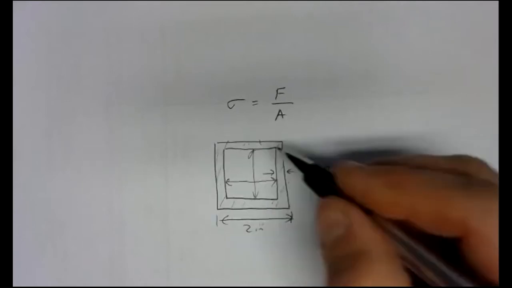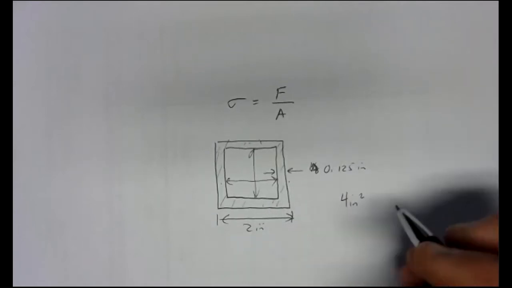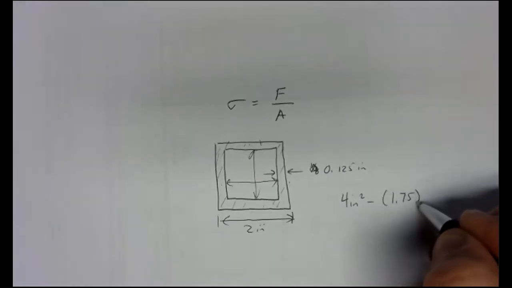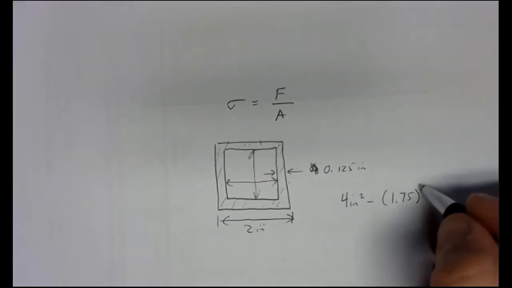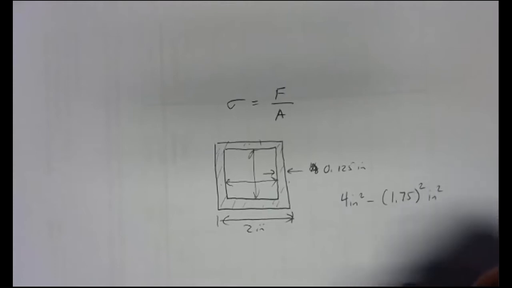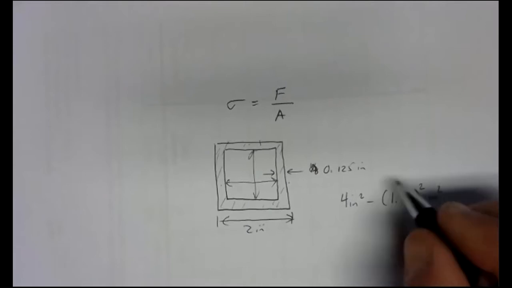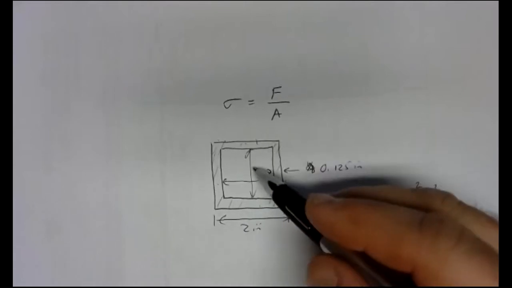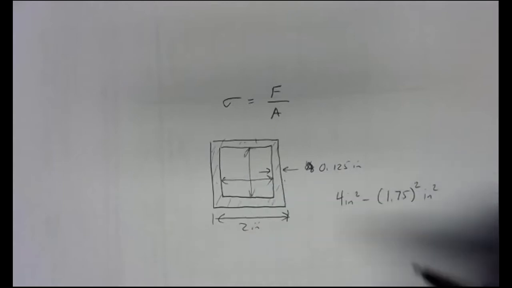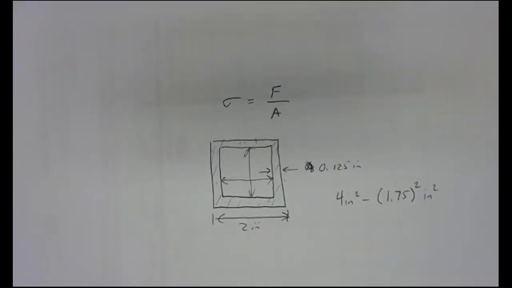It'll be square, so it's the same dimension there. So you'd be subtracting off 1 3/4 inch squared. It's 2x2 minus 1.75 by 1.75, and that'll give you the area there.